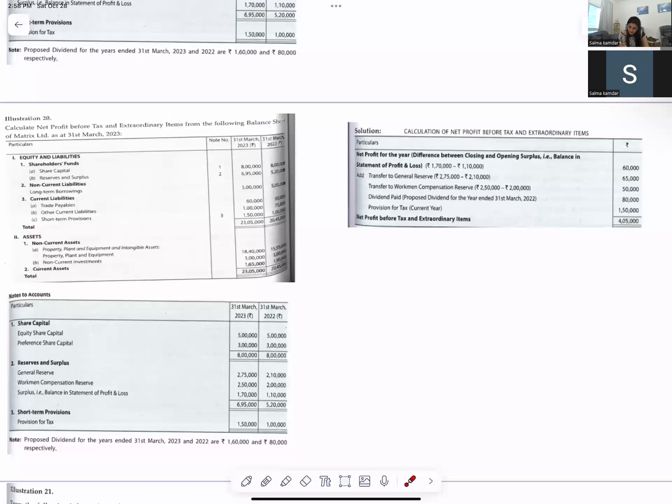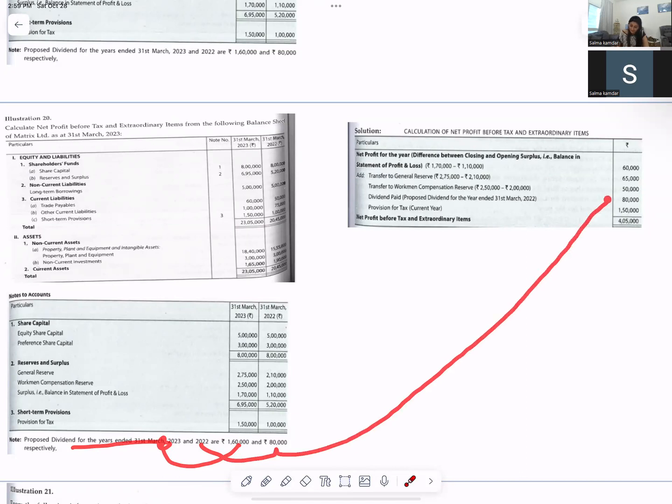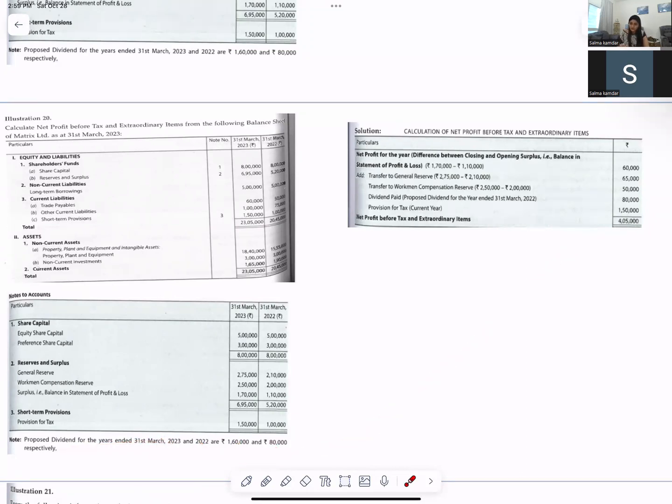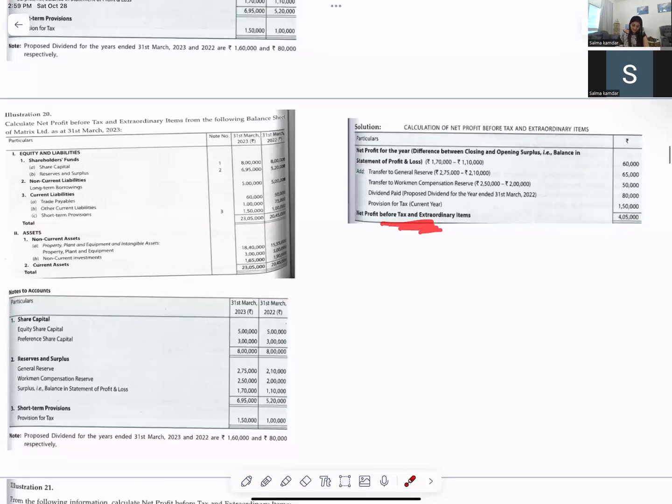You have the provision for tax. You will add back for the current year. Okay. Then what is the information? You have proposed dividend for the current year as 116 and for the last year as 18. So you will add back the proposed dividend. So you will get your net profit before tax and extraordinary items.